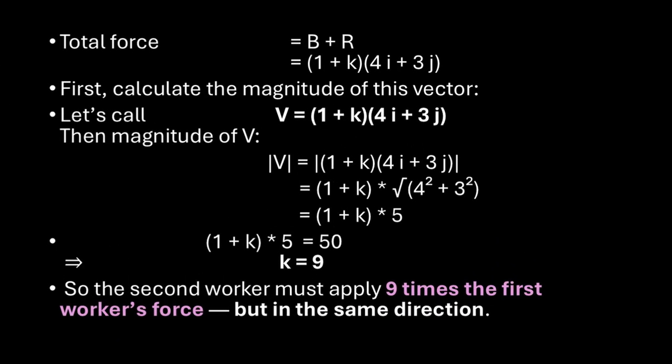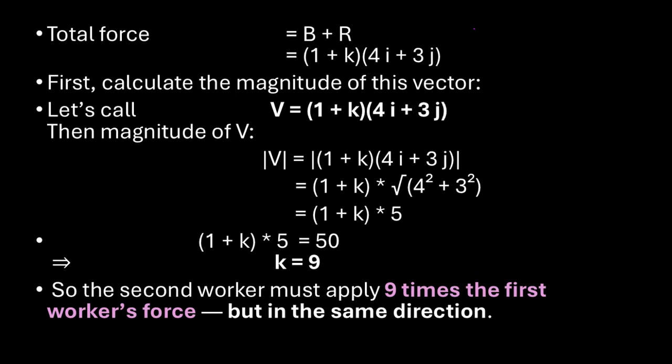The total force here would be the sum of these two forces, which is vector B plus K times vector B, which is equal to (1 plus K) times vector B. So the new vector V is equal to (1 plus K) times (4i plus 3j), so V is (1 plus K) into 4 i plus (1 plus K) into 3 j, and the magnitude of V would therefore be (1 plus K) into 5.